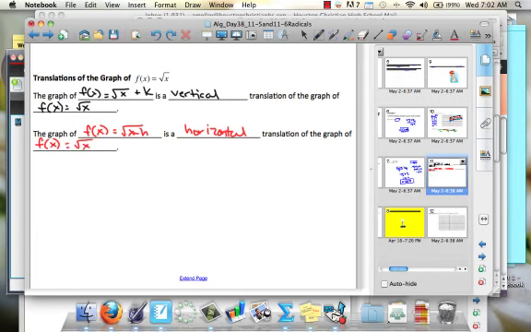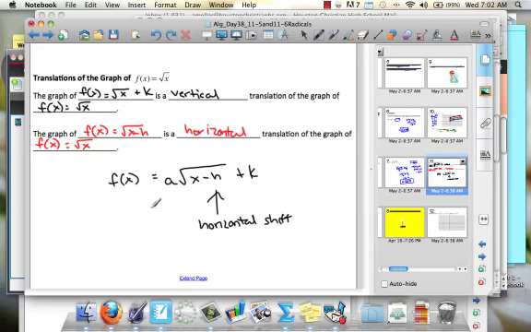Okay, so let's look at the general equation here. The general equation of a square root function is f of x equals a times the square root of x minus h, plus k. That's as much as we're going to do in Algebra 1. Let's look at what each of these things does. This is a horizontal shift, very much like vertex form in the quadratics.